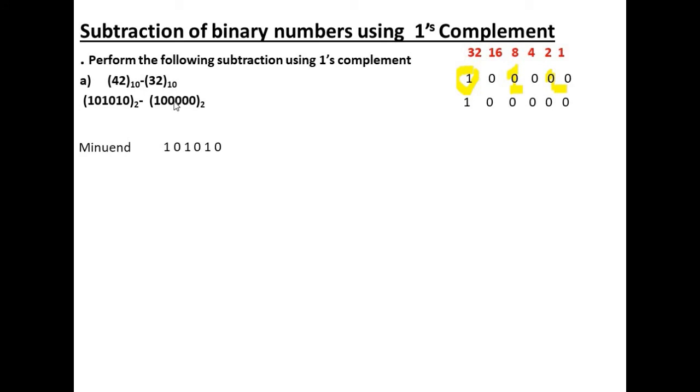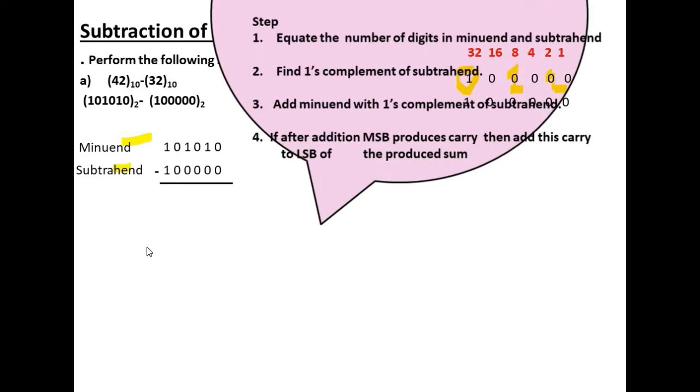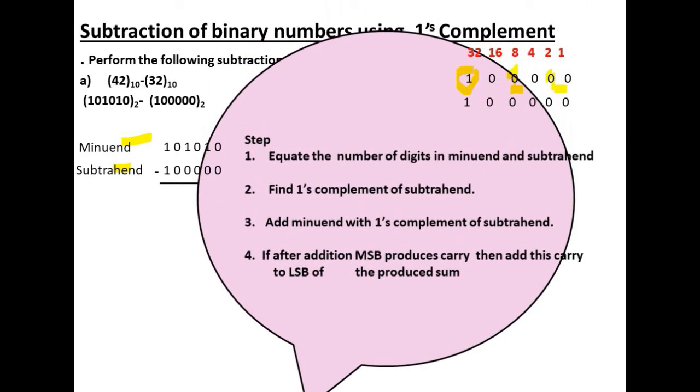So here we have written 42 minus 32, that is we have got the minuend as 1 0 1 0 1 0 and we have to subtract the number 1 0 0 0 0 0. So minuend is this and subtrahend is this. Now we have to subtract these two numbers. Here we see that we have to follow these steps. Equate the number of digits in minuend and subtrahend.